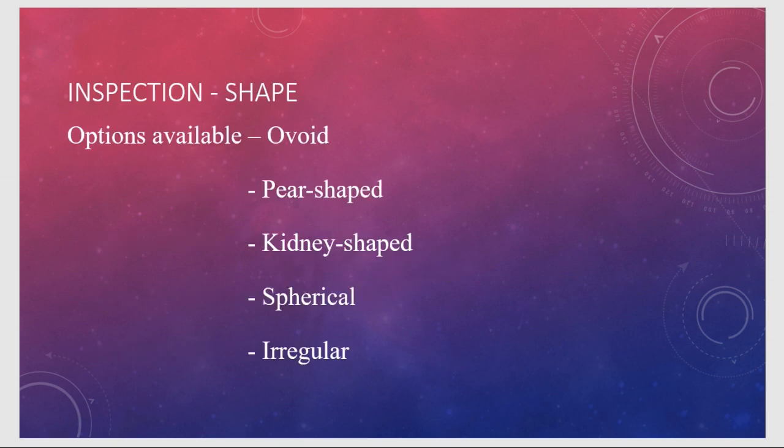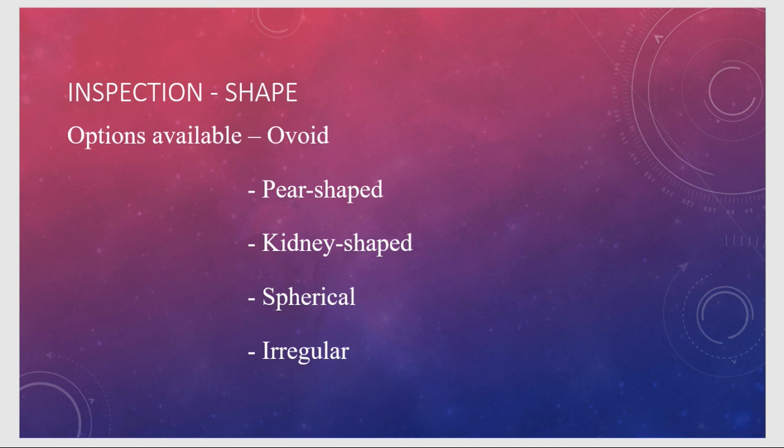So shape, the options available: the swelling could be ovoid in shape, pear shaped or kidney shaped. The swelling could be spherical or having an irregular shape. And these are the findings on inspection, right? We are not touching the patient, we are just observing, okay.